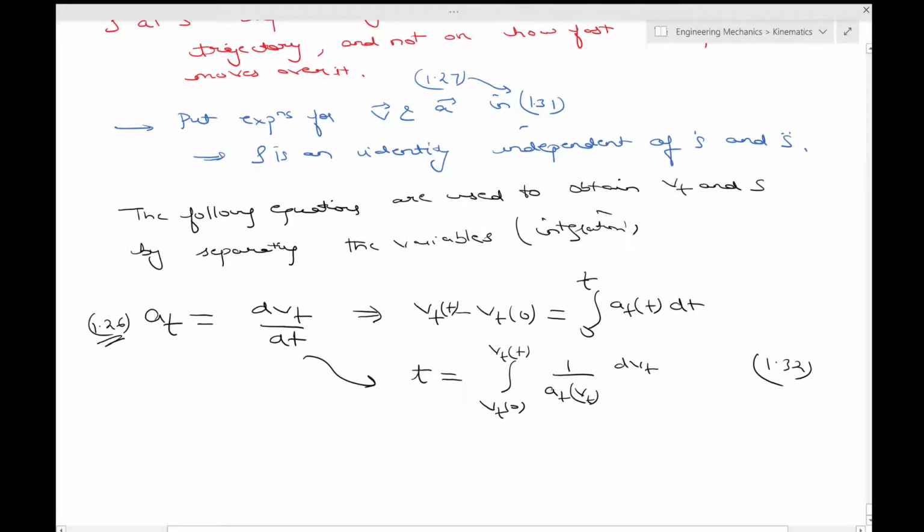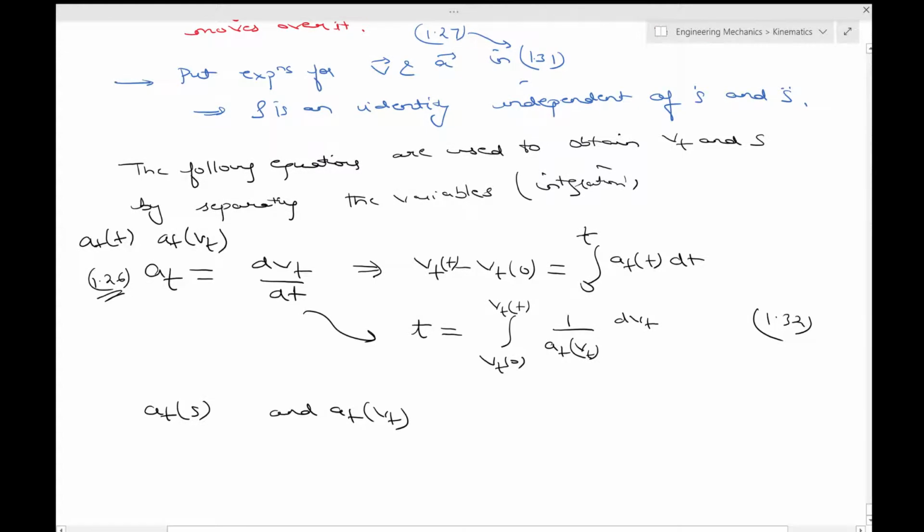Okay, now if you write the At in terms of path coordinates, okay, here you have At of t and At of Vt. If you have At over this s and At over Vt, okay, then you can say At is equal to dVt by dt.